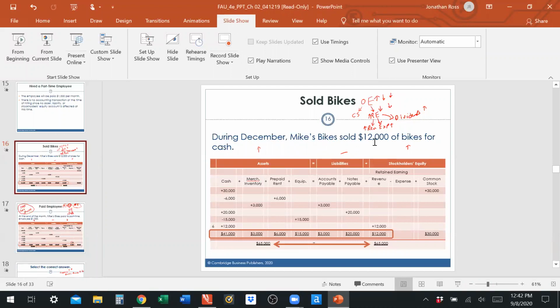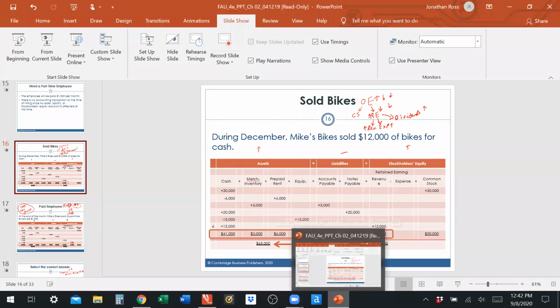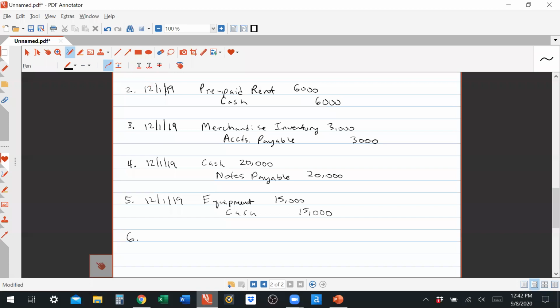I think 3. So to recognize revenue, 2 accounts, cash, because it said we sold them for cash, and revenue. Cash goes up by 12,000 and revenue goes up by 12,000. Cash is an asset. How do we make an asset go up?